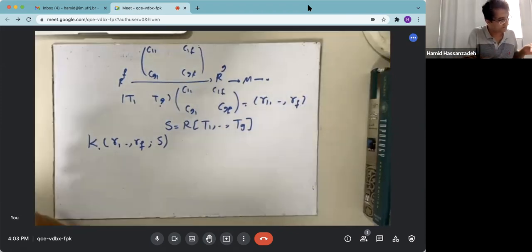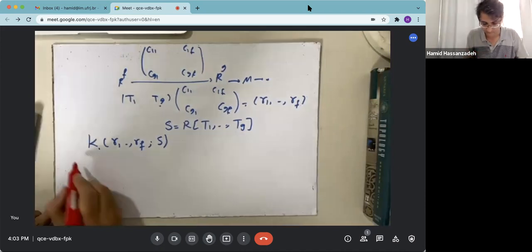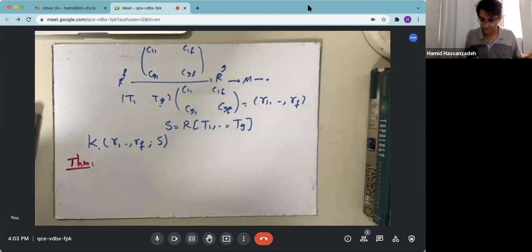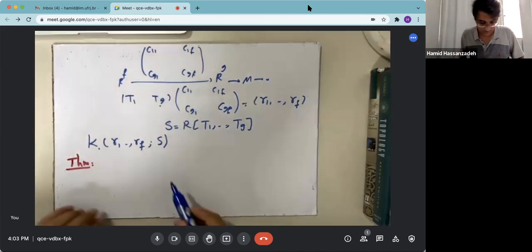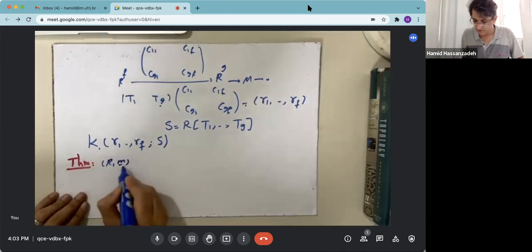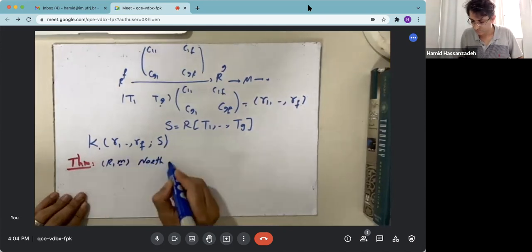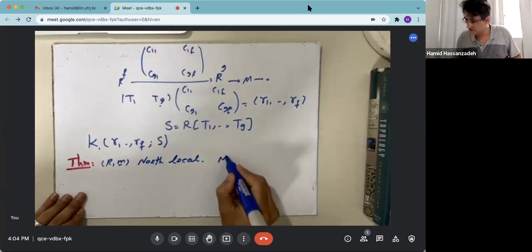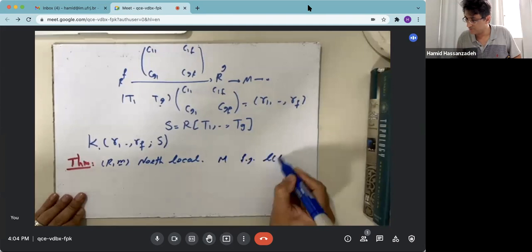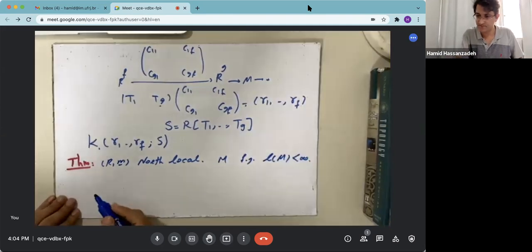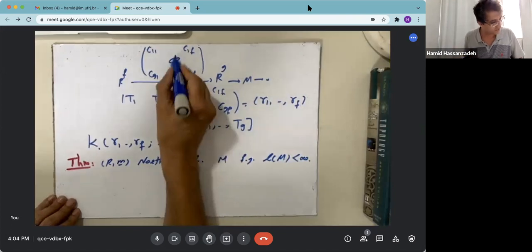The theorem: let R be a Noetherian local ring and M a finitely generated module of finite length with the matrix presentation phi here.